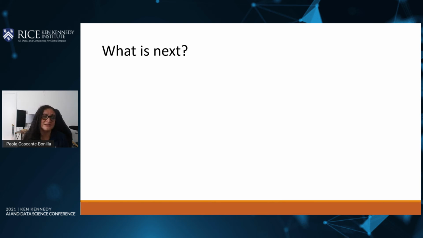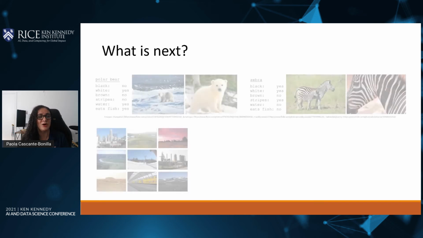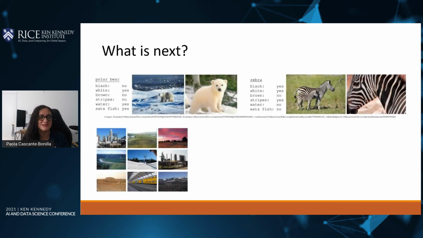What's next? Well, this is ongoing work, so we are still exploring a lot on this. We basically want to also test this on other traditional benchmarks, such as the Animals with Attributes dataset. It has the animals and the attributes like black, white, brown, stripes, water, eats fish or not.